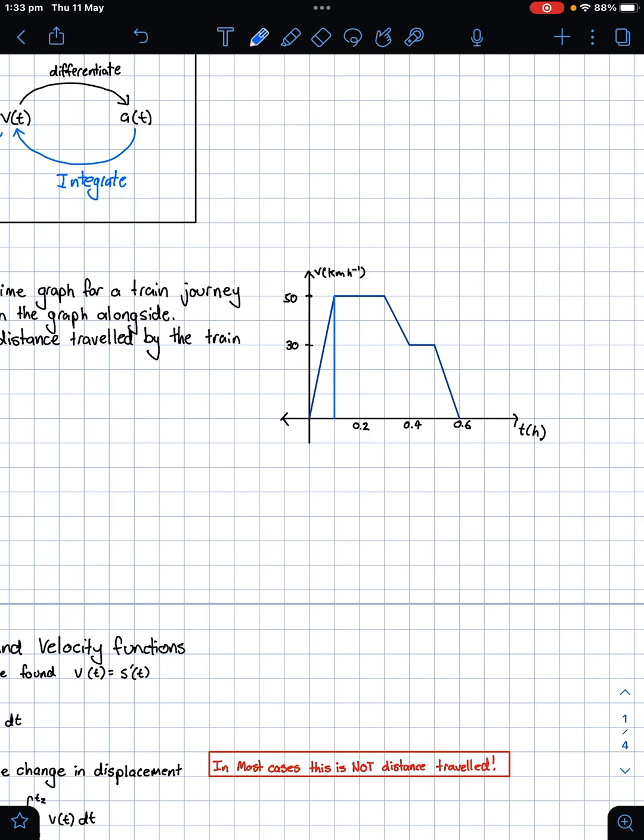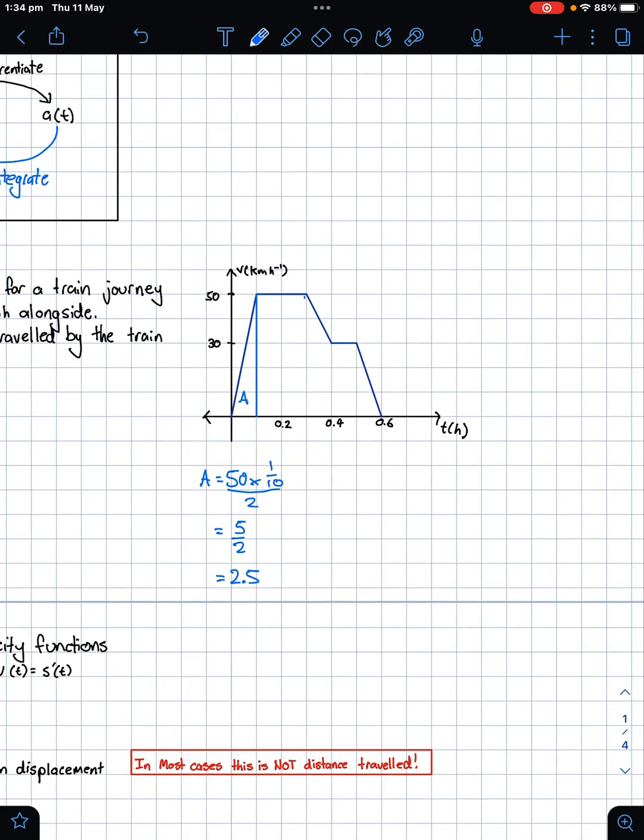This particular area here, we'll label it A. A would equal 50 times 1/10 over 2, which means this equals 5 over 2, which equals 2.5.